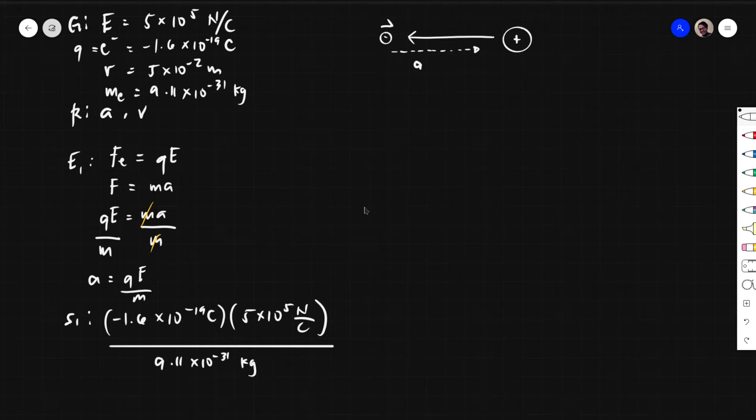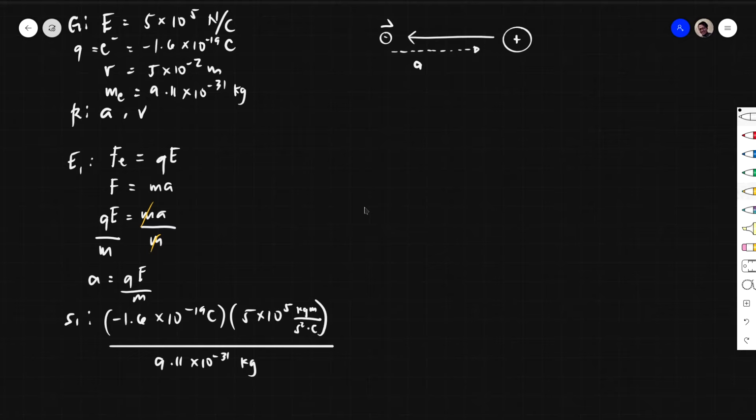Okay, if you're going to expand newton here, you can obtain the unit kilogram meter per second squared, right? Times coulombs, since we have coulombs here in the denominator originating from newtons per coulomb.